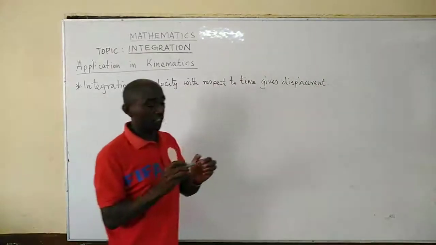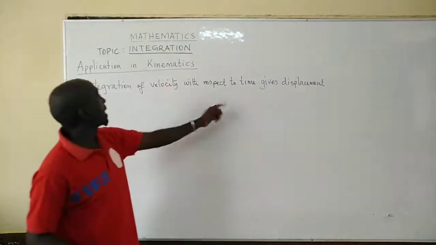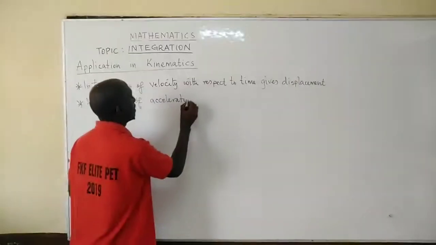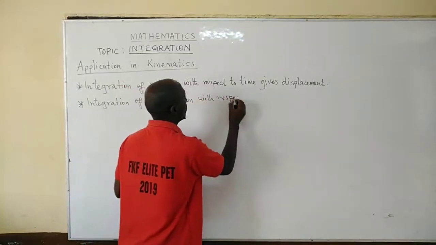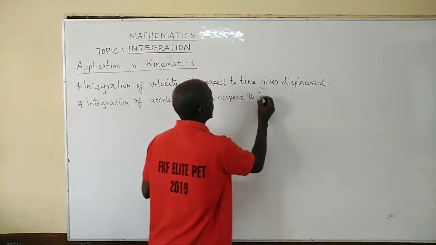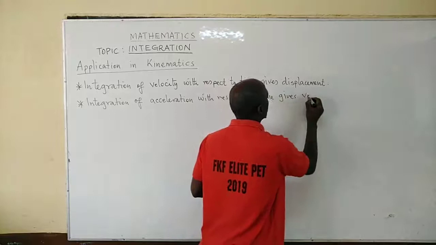Remember, in differentiation, the derivative of displacement with respect to time gives velocity. So now it is the reverse. And integration of acceleration with respect to time gives velocity.